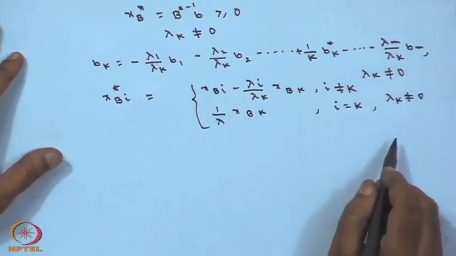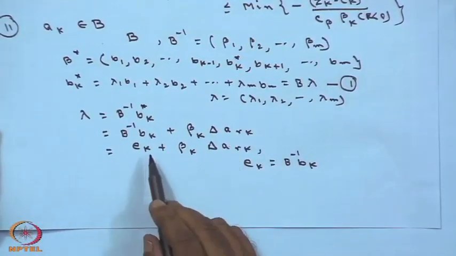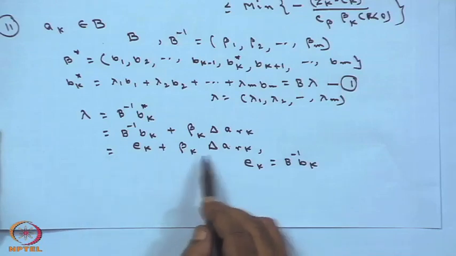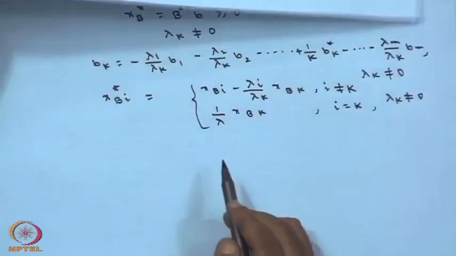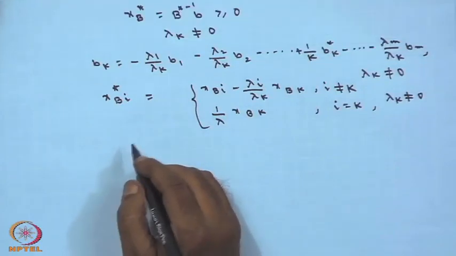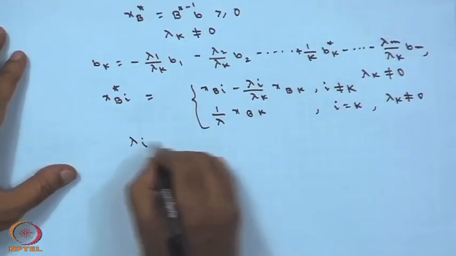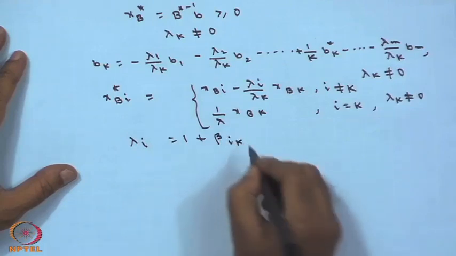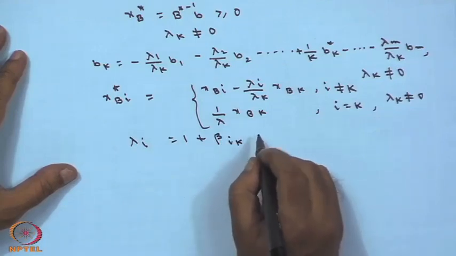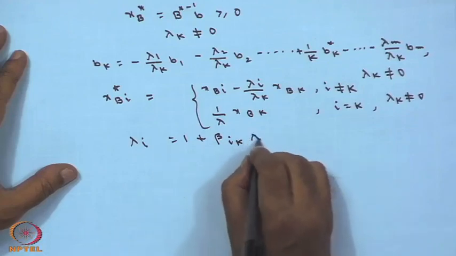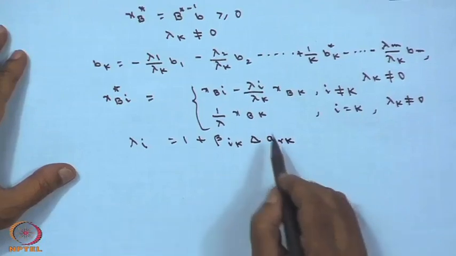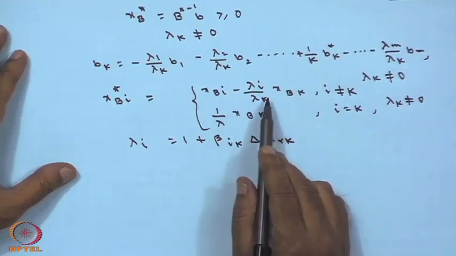Now, put the value of lambda k as e k plus beta k into delta a r k, e k is nothing but 1. So, basically lambda i equals 1 plus beta i k into delta a r k. So, I can substitute the value and I can get x b i star.